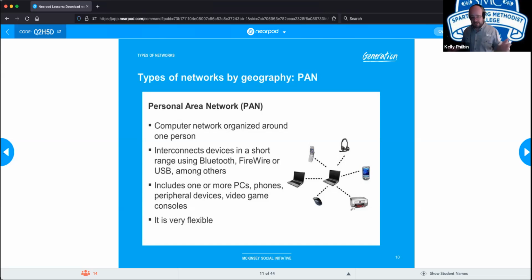You can utilize others, but those are the most popular. So it's one or more devices attached. Could be another computer, could be phones, printers, peripherals, video game consoles, controllers, all that kind of stuff is in a PAN, or personal area network.